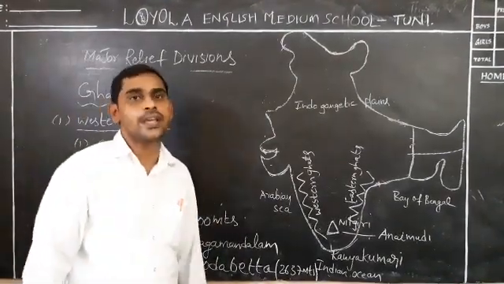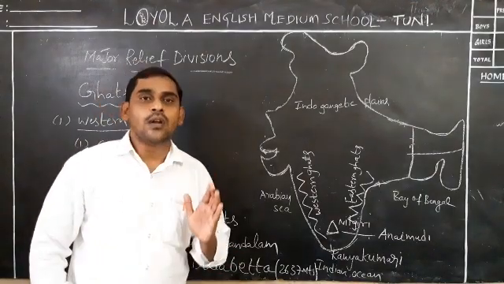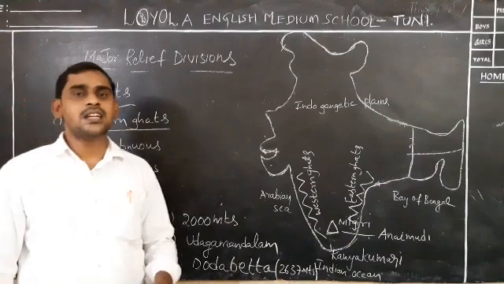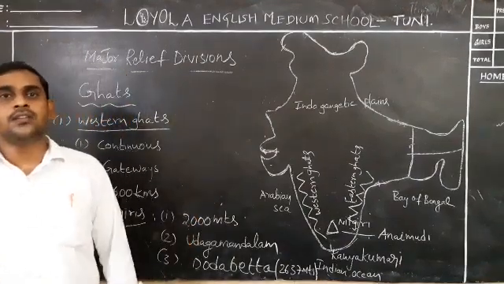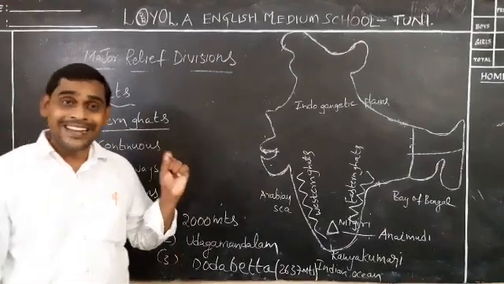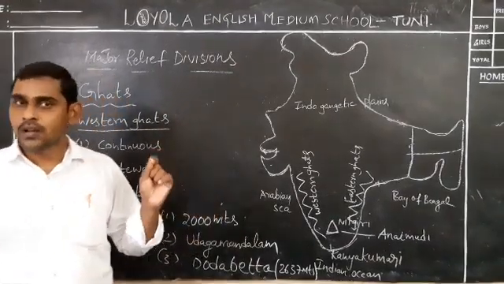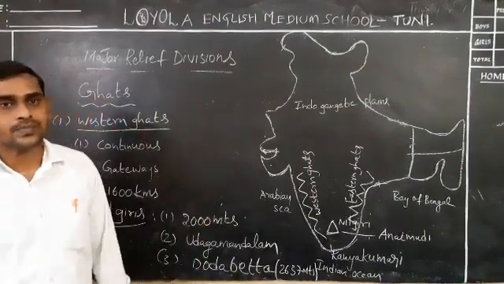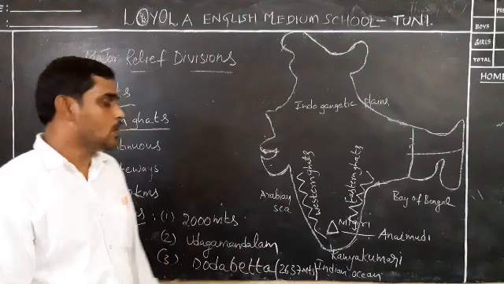Udagamandalam or Ooty is one of the famous hill stations, located in the Nilgiri Hills. The Nilgiri Hills are located in one state. The state is Tamil Nadu. Do you understand this?